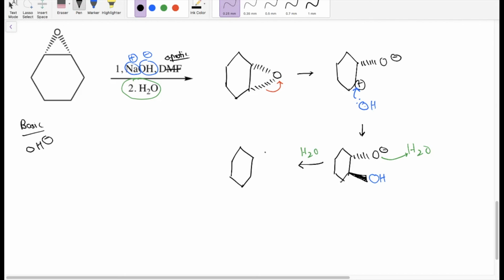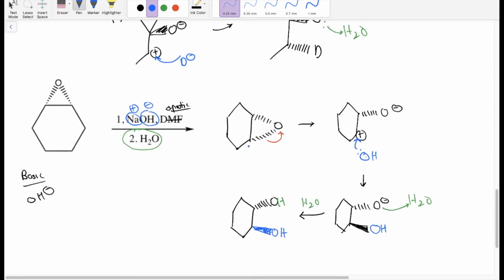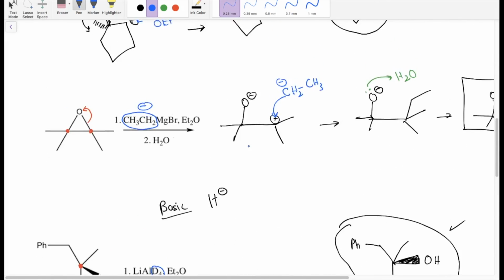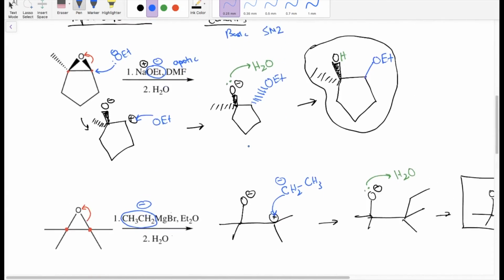Oop, it's not a benzene. That looks like this. You just draw the H in the correct color, and then it has a wedge, which is very important, and an OH. Okay, so there's 4 problems, all under basic conditions, that show us how to do epoxide reactions.